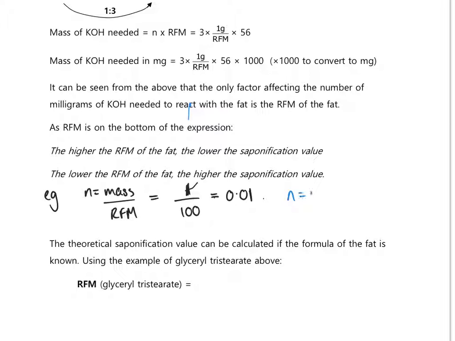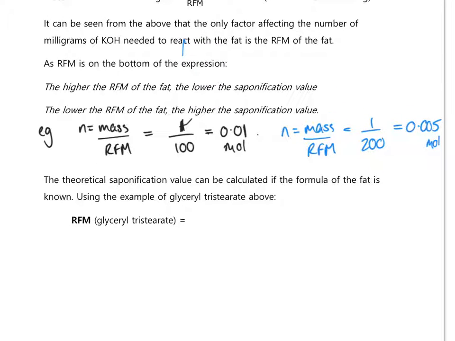Okay, and then if I had a different one which had an RFM of 200, what would it be? Is that 1 over 100? Ah, it is. It doesn't really look like it, does it? 0.005 moles. So you can write that in if you want, just to show you that the larger the RFM, the smaller the number of moles. So the smaller the number of moles of potassium hydroxide, so the smaller the mass of potassium hydroxide, so the smaller the saponification value. Cool.